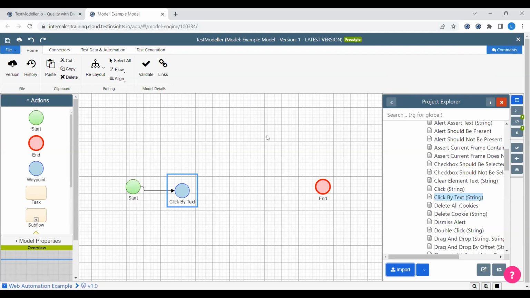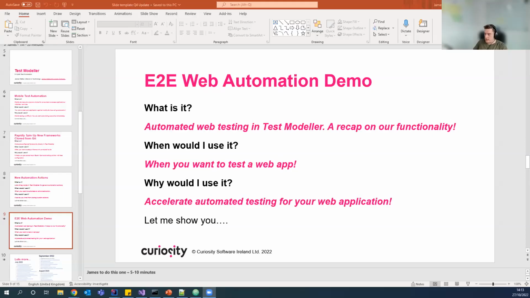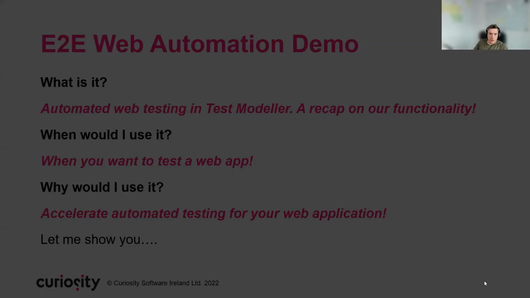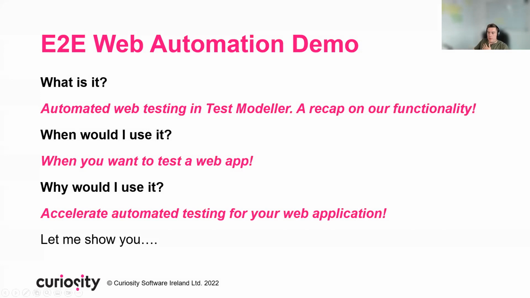Thank you so much. Yeah, thanks for that, Lena. Great, good. So let me take the screen back. So what we wanted to do next is, obviously in Test Modeler, our web automation capabilities have been around since we first launched the product.